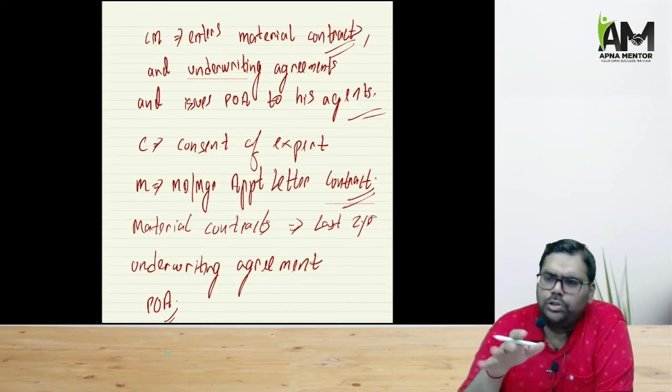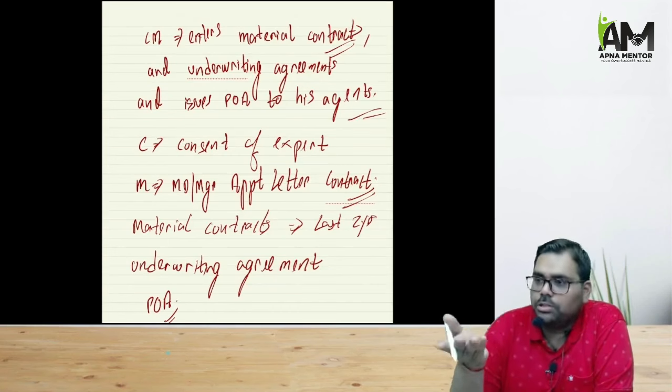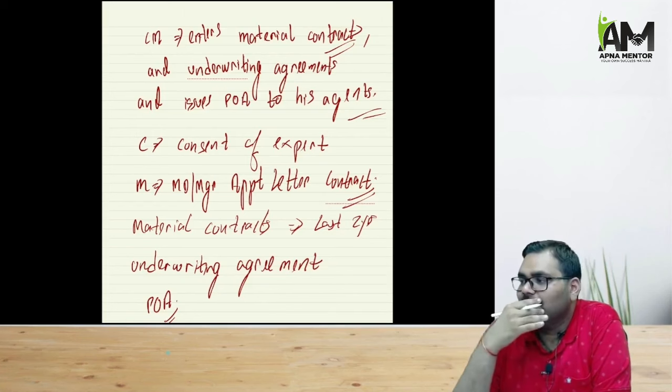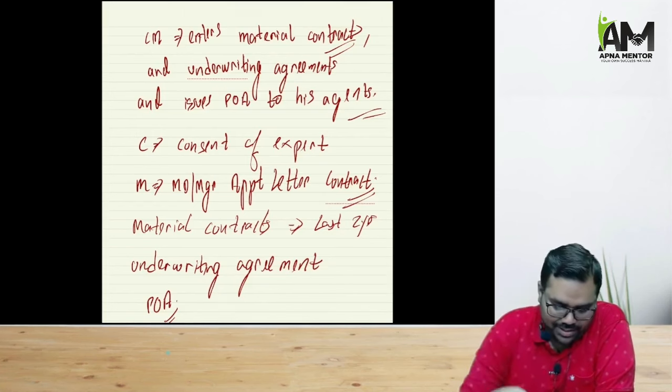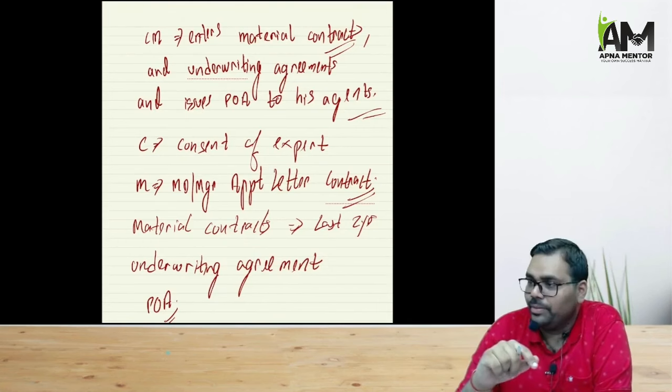One more formula also you can use. One more good thing has come to my mind. You can also use CMPM. What will be issued with the prospectus? CMPM. So C for consent of expert.